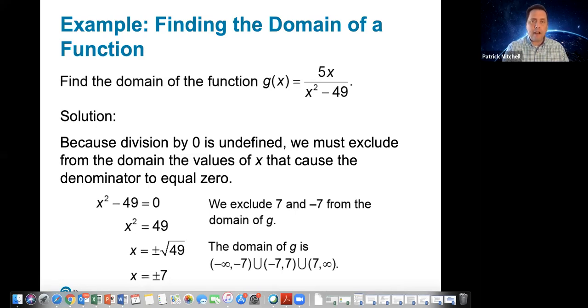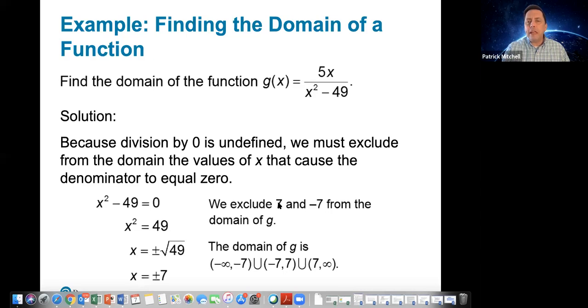So you want to be very careful how you write this answer. If you're doing your homework online, such as on MyLab, it will specify how it wants you to write it. I believe it will want you to write it like this. I'm not 100% sure.